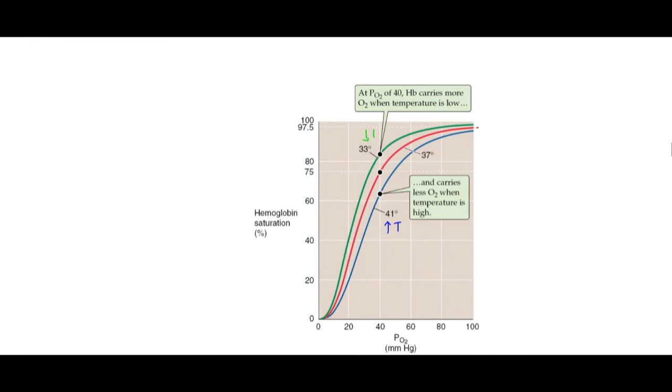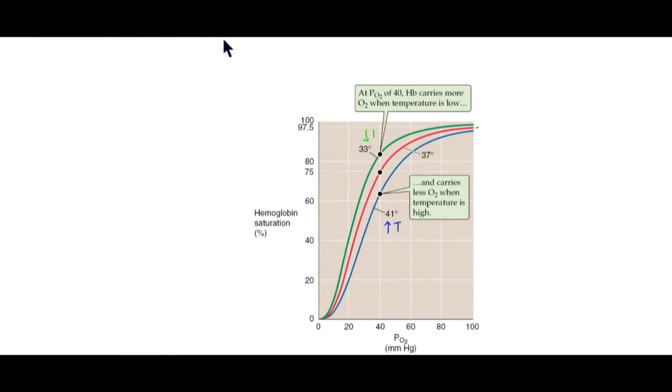So the warmer your tissue is, the less likely your hemoglobin is going to be saturated at that point, which means the more likely it's going to unload its oxygen to that tissue. It has a lower affinity for oxygen when the tissue is warmer. So when we talk about shifting the curve to the right or the left, it's specifically talking about the hemoglobin's affinity for oxygen.